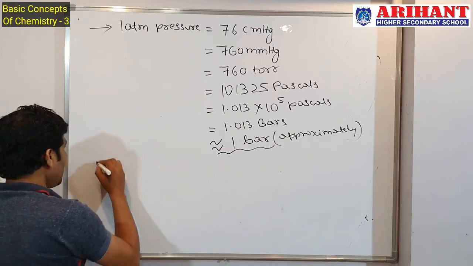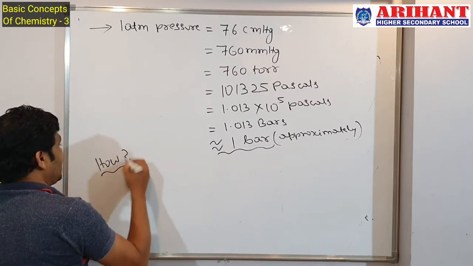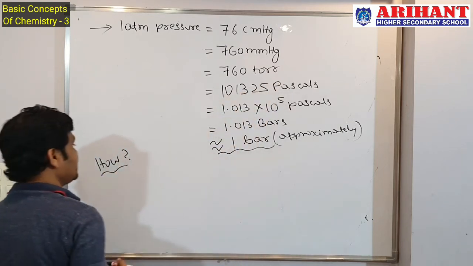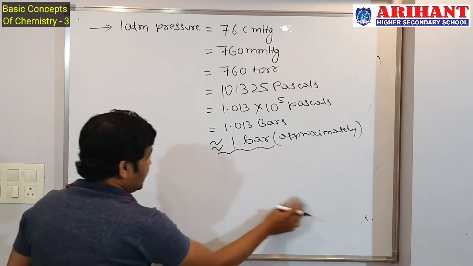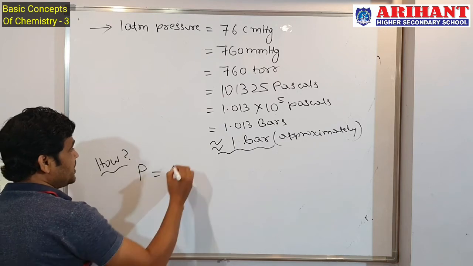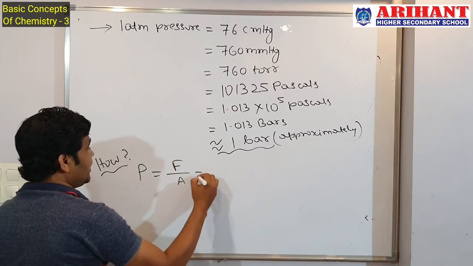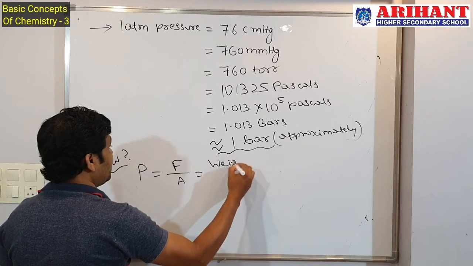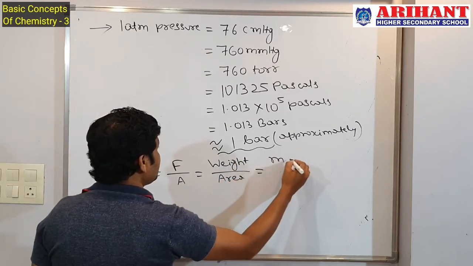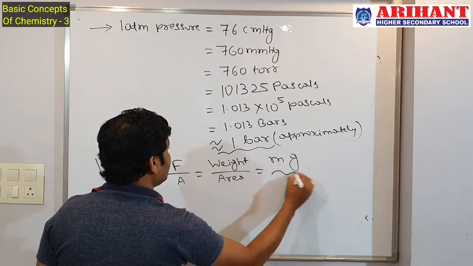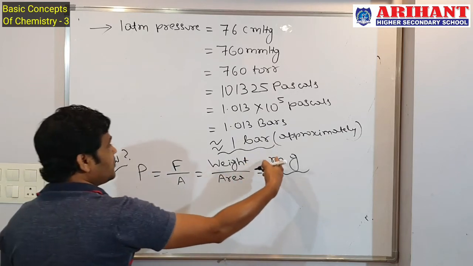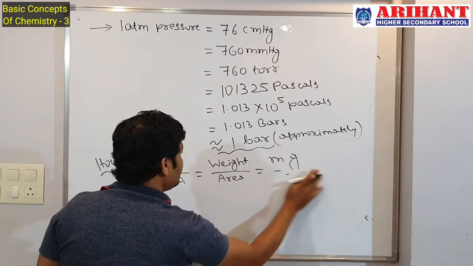Okay. How is it 101325 pascals? We can use the concept of physics. P is equal to force by area. Force is nothing but mass into acceleration. Weight is equal to mass into acceleration due to gravity.